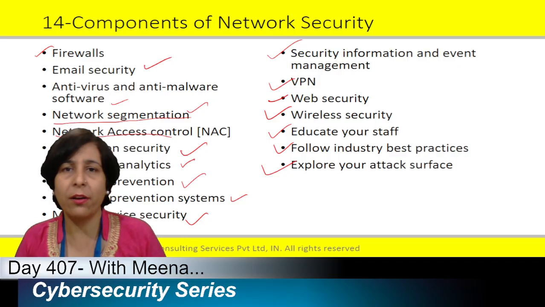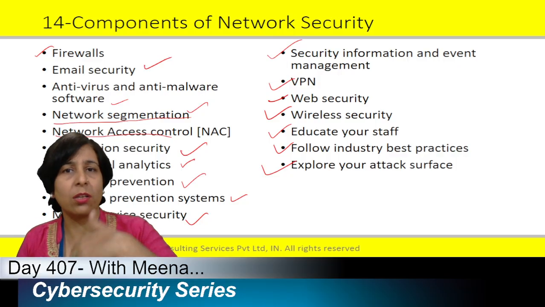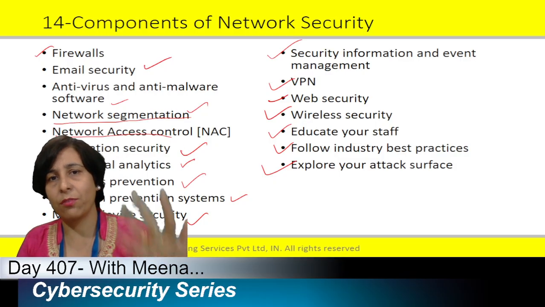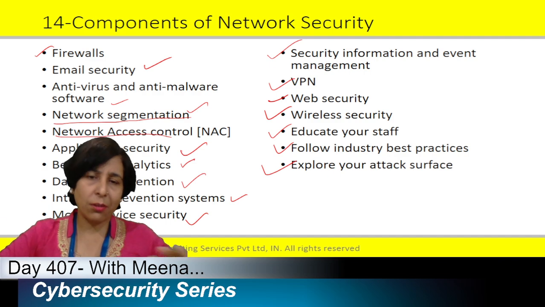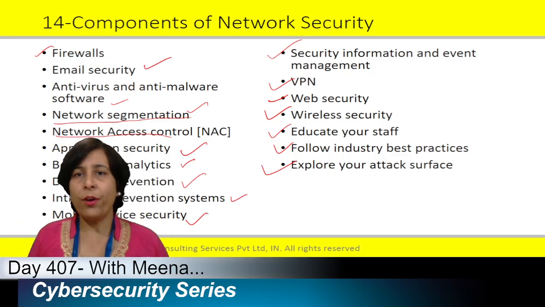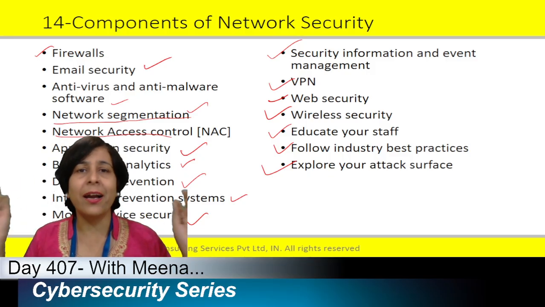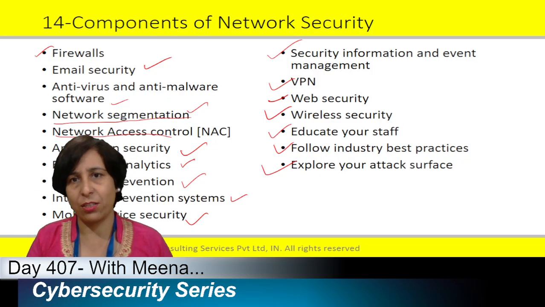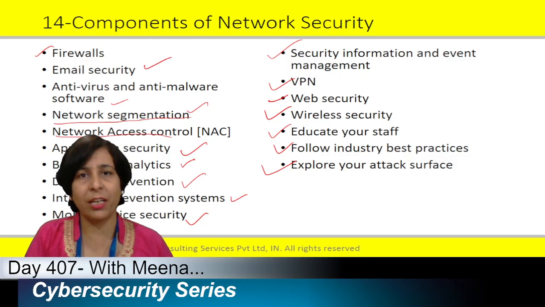We are using mobile devices, cloud services, and remote access through VPN. So the boundaries of our network are blurred, they have expanded. We must clearly understand where our network is being accessed from, from different devices and different areas.